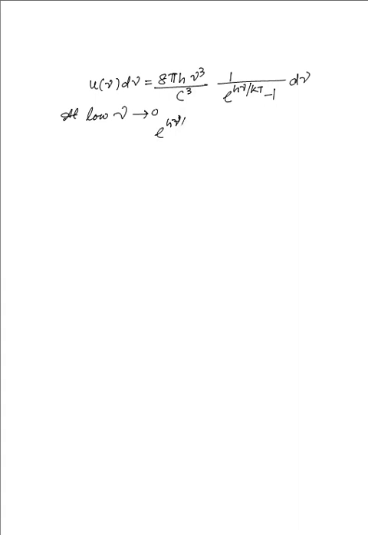well, the exponential term actually expands mathematically as 1 plus h nu by kT plus 1 by 2 factorial, this is the Taylor series expansion, h nu by kT squared, and so on, minus 1, that is the one that was over here.